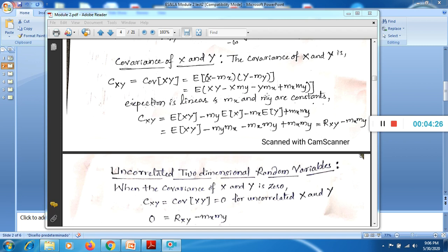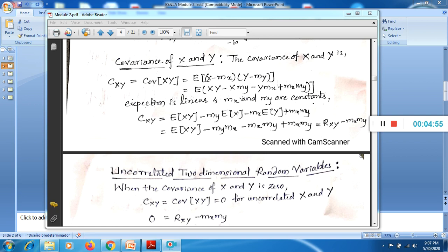After multiplying these two, we get E[XY], and then m_Y times X, so E[X m_Y], but m_Y is a constant, so we get m_Y E[X].